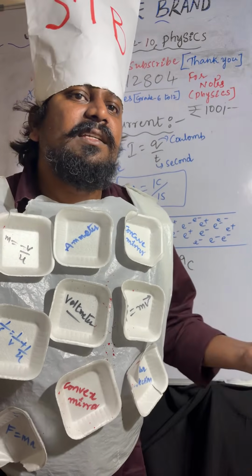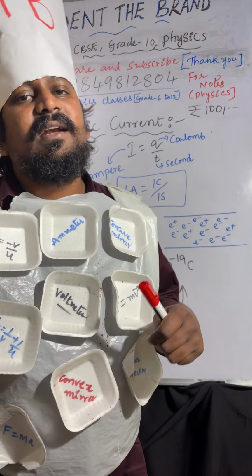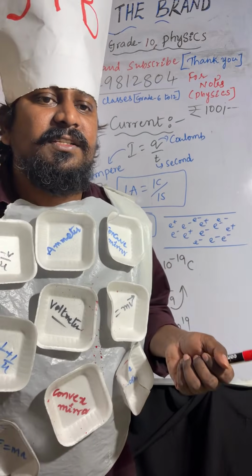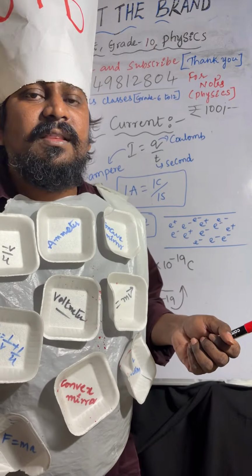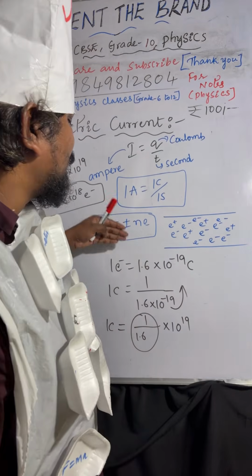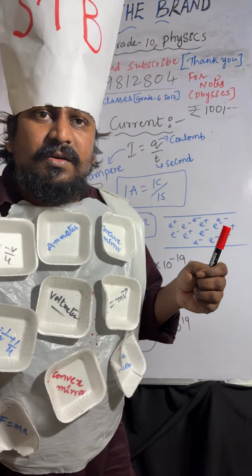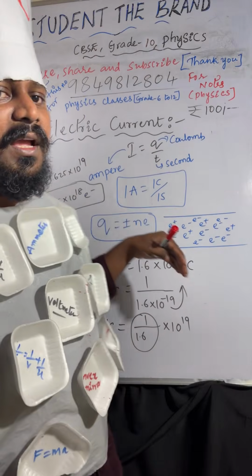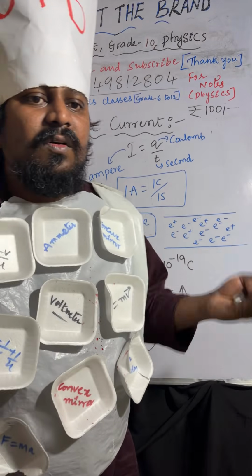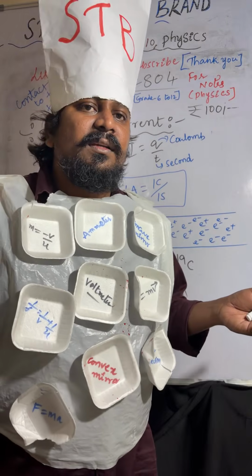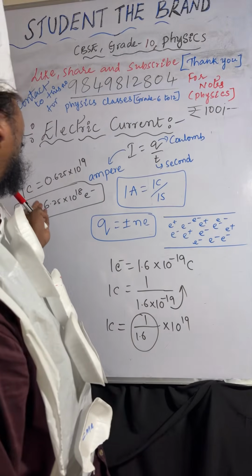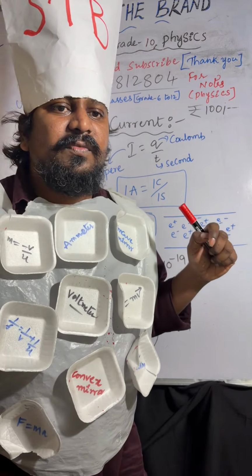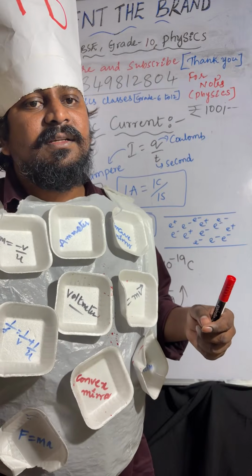Q equal to plus or minus Ne, N is the number of charges moving in the conductor. On one electron, 1.6 into 10 power minus 19 coulomb. In 1 coulomb, 6.25 into 10 power 18 electrons are present.